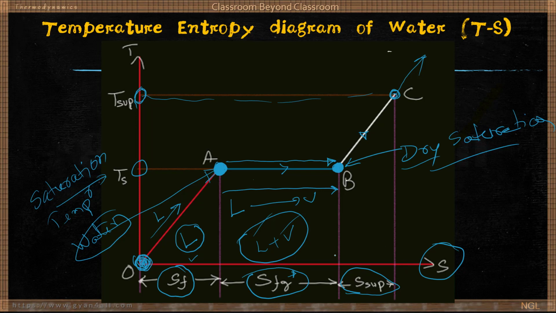And if this is total heat or enthalpy, then HFG means latent heat of evaporation, and this we will call HF, the enthalpy of water or liquid. And after this we will call H sup, that means enthalpy of superheated steam.